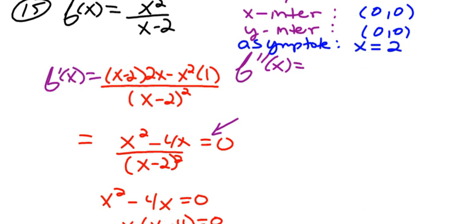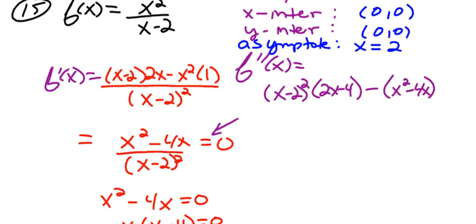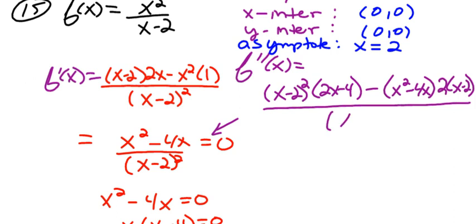It is going to be the derivative of low d high minus high d low, which is going to be power rule. And then this is all going to be over the low quantity squared.